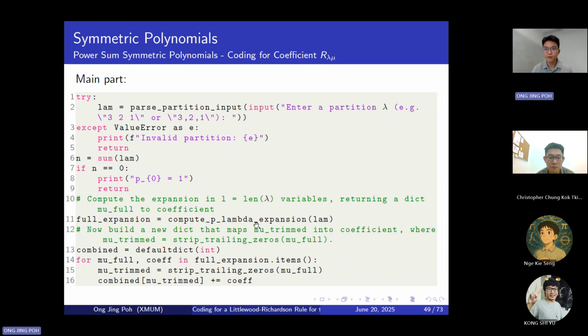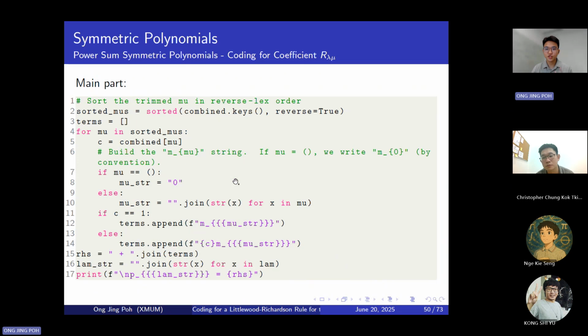Then we store the partition mu in n mu with its corresponding coefficient in line 16. And next, this part just sorts the n mu in reverse lexicographic order to have a better output, and hence outputs the result in line 17.